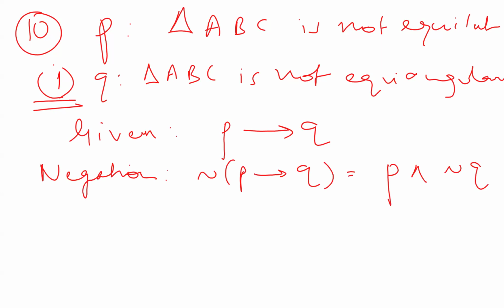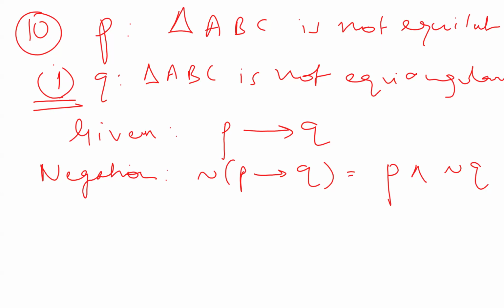Let's see, someone try the verbal form. Anyone? Be quick. P will remain the same: triangle ABC is not equilateral, and triangle ABC is equiangular.